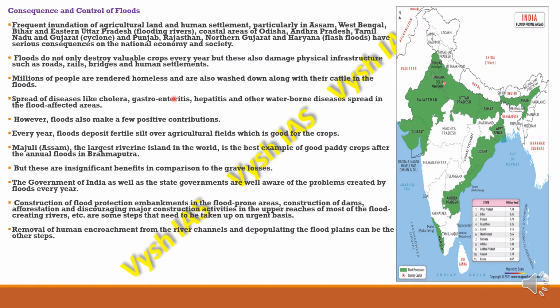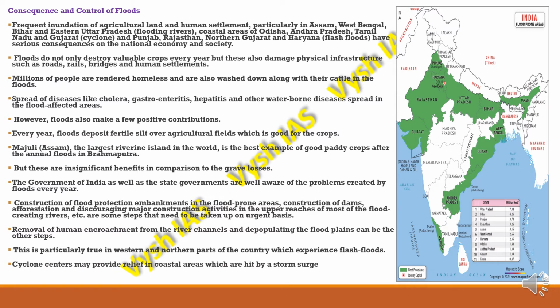Removal of human settlements from the river channels and depopulating the flood plains can also help in many ways. This is particularly true in the western and northern parts of the country which experience flash floods. Also, cyclone centers can provide relief in coastal areas which are hit by storm surges.